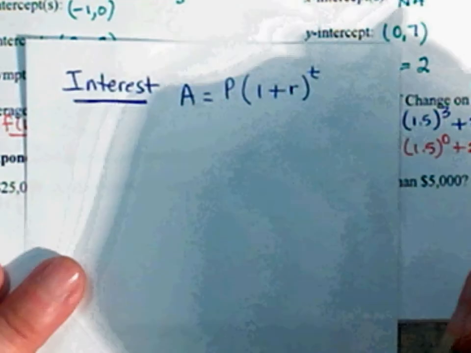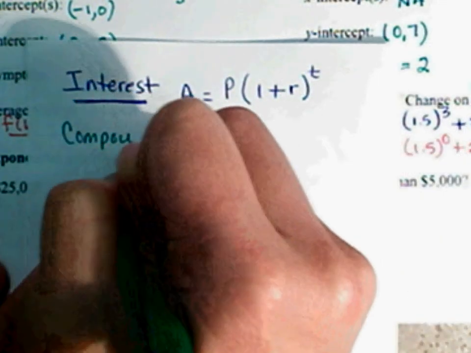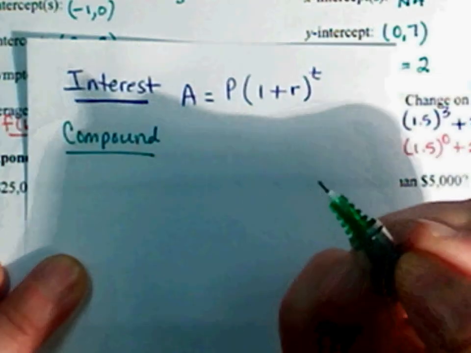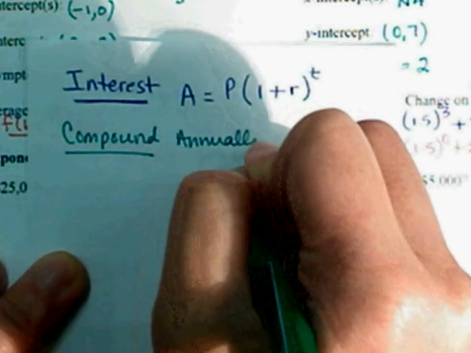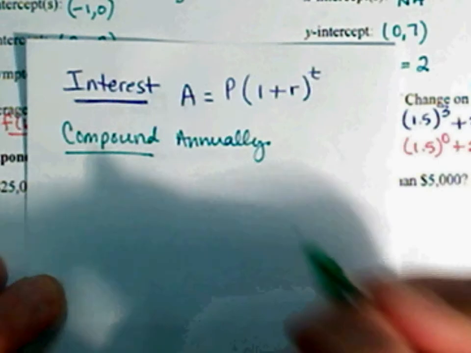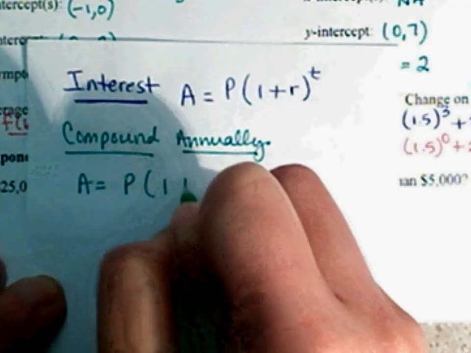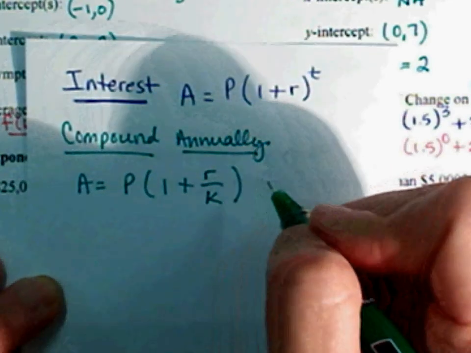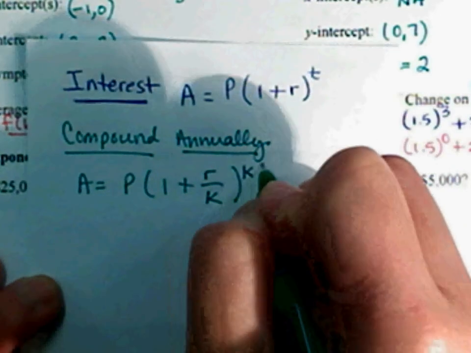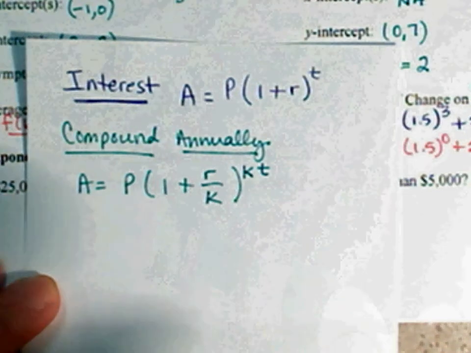If it says compound, it tells you how often, like compound annually, okay? The formula you are going to use is A is equal to P, 1 plus your rate over k, you might see it as an n, same thing, raised to the k times t. If it says compound annually, annually means your k is equal to 1, okay?